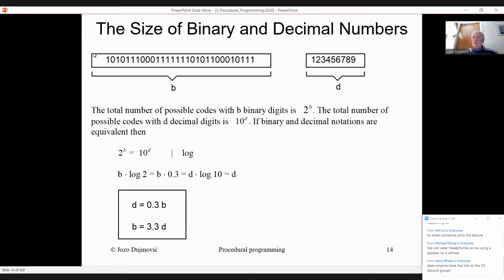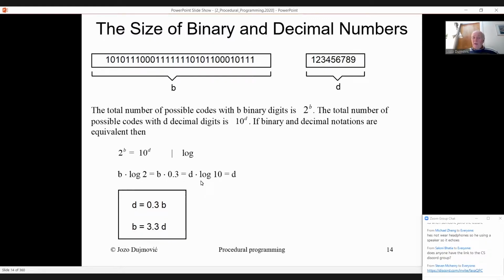Of course, with B bits, you can make 2 to B different combinations, 2 to B different numbers. On the other hand, with D digits, you can make 10 to D different numbers. So if these two things are equivalent, then 2 to B has to be approximately equal to 10 to D. If I take the decimal logarithm of this, I get B times logarithm of 2.